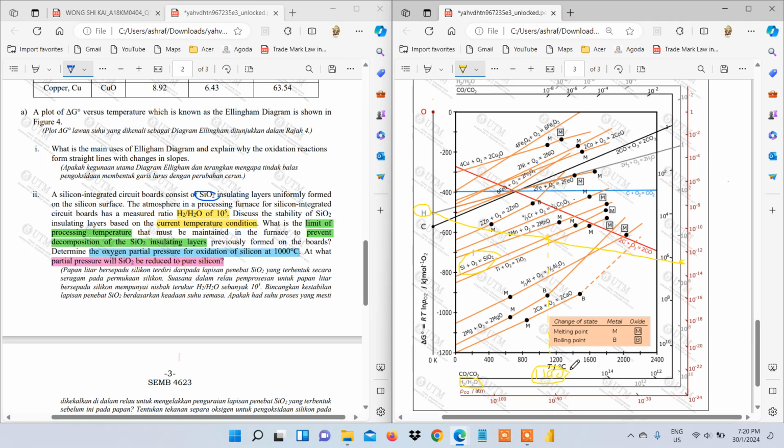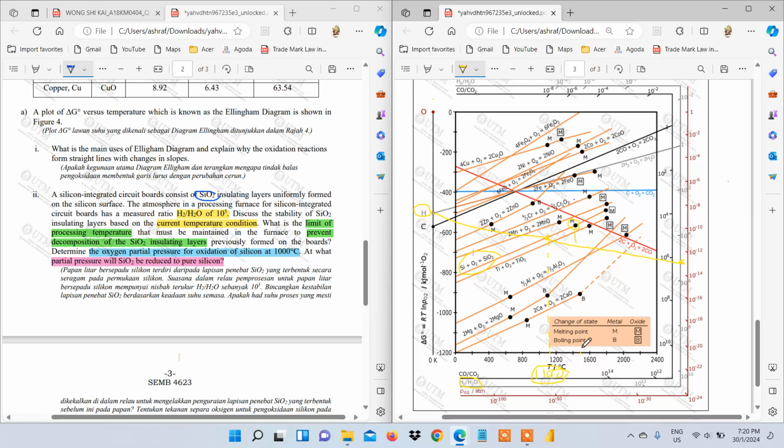1190 degrees Celsius. From there, we see also this M right here refers to the melting point for our metal, which is at 1300, 400 something right here.